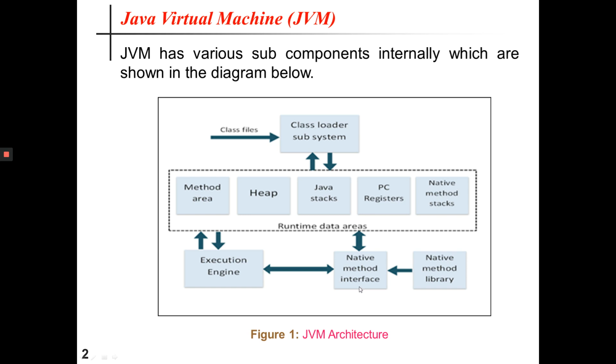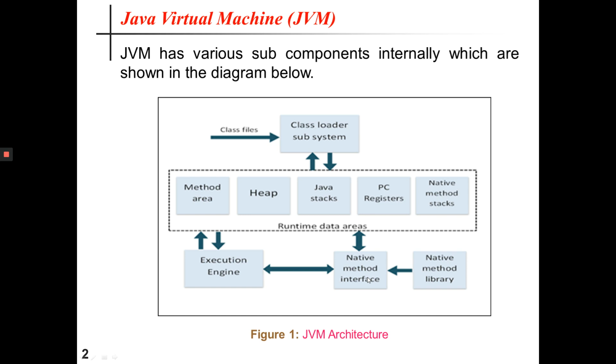The native method interface is a program that connects the native method libraries with JVM for executing native methods. So it basically acts as an intermediary between the native method library, which is written in C or C++, and the JVM itself. That is the idea of native method interface.